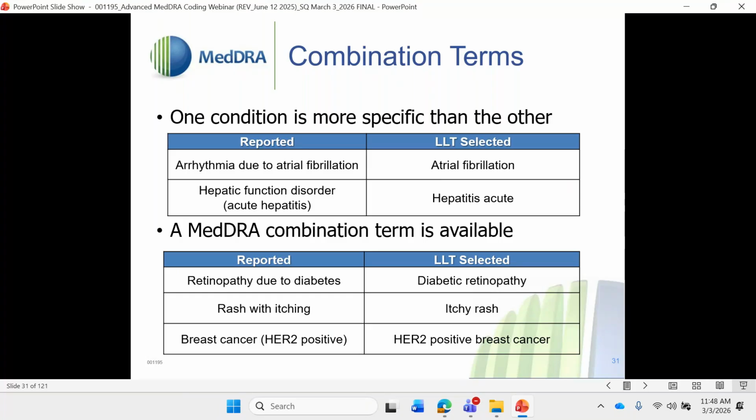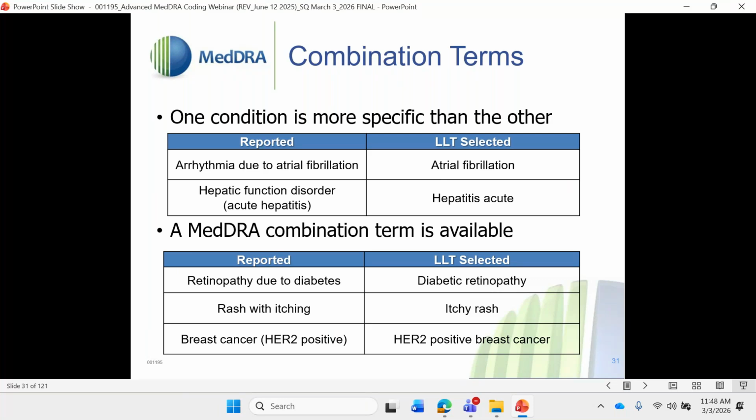So yes, it's an arrhythmia, and they're telling you what type. It's an atrial fibrillation. So therefore, you would choose the more specific or clear term, atrial fibrillation. And you don't lose information because that is a type of arrhythmia. If you were to code arrhythmia, you would lose the information of what type of arrhythmia, specifically atrial fibrillation.